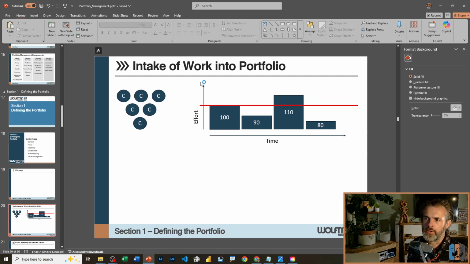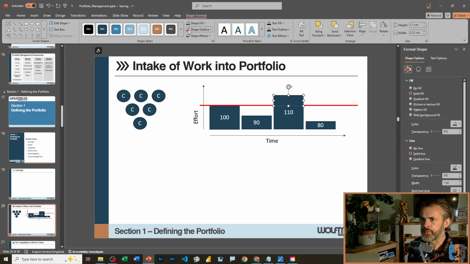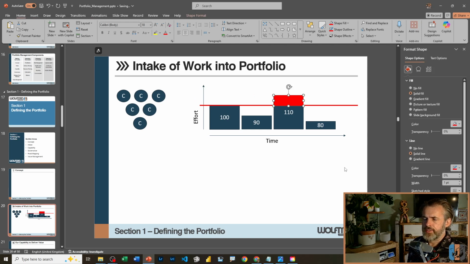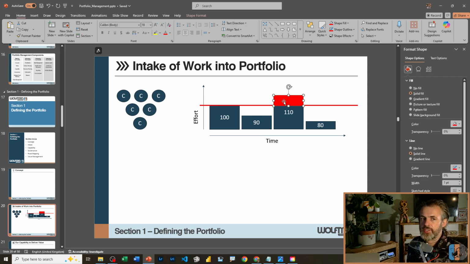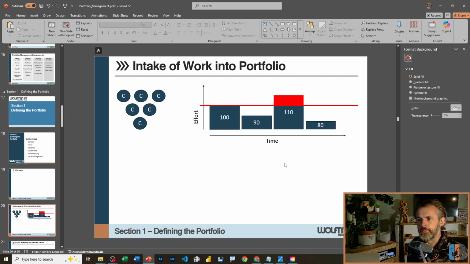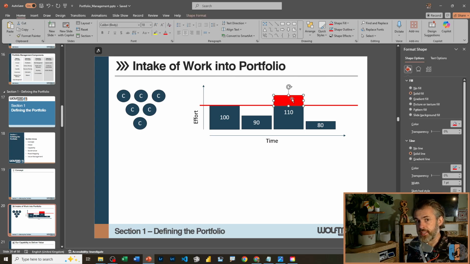There are two different things going on here. One thing we would look to address straight away is that we're over allocated there, so let's make this red. I'm not going to get too much into that right now, as it's a bit of a separate subject, but we could address it in two ways. Is there a fixed date by which these things have to be done?